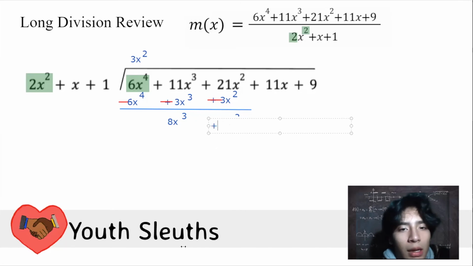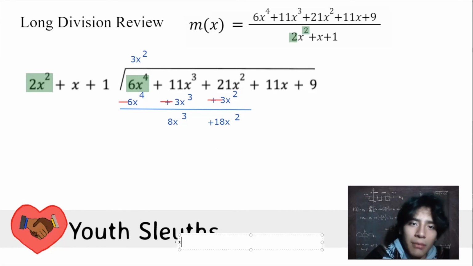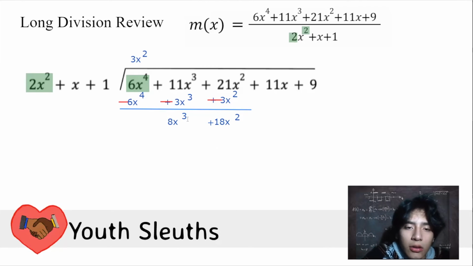Then again, I'm going to focus on my 8x cubed and my 2x squared, and I want to know what number gets me to 8 from 2, so that is just 4. How many x I need to get from x squared to x cubed, which is just 1x.